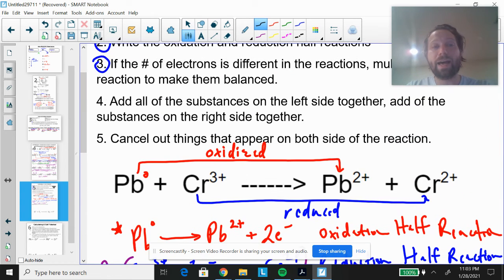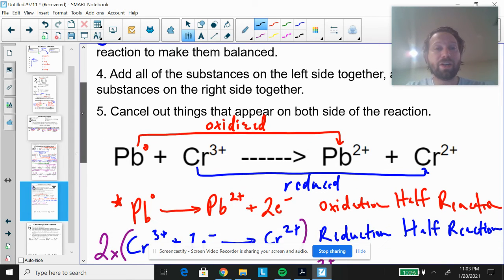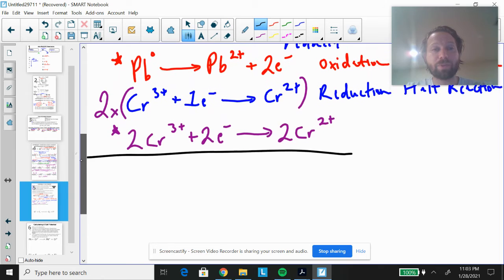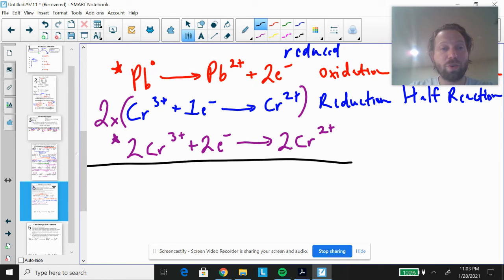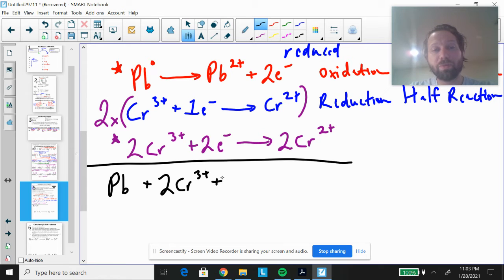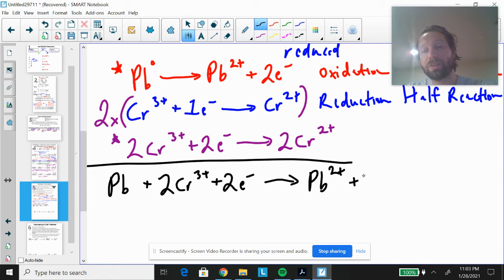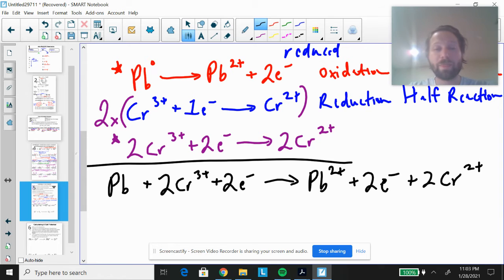As it says here, add all the substances on the left-hand side together and all the substances on the right-hand side together. So I'm going to write this as one giant thing: Pb plus 2 Cr3+ plus 2 electrons yields Pb2+ plus 2 electrons plus 2 Cr2+.